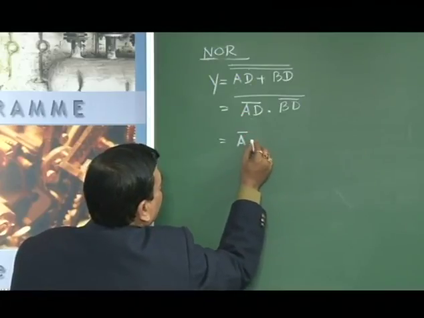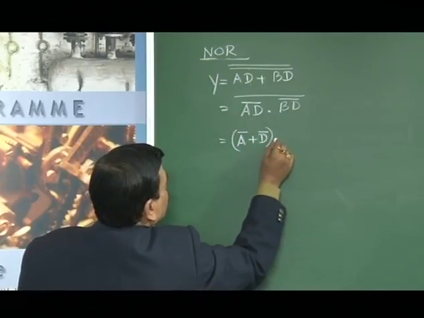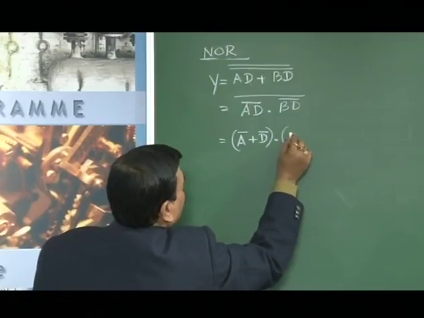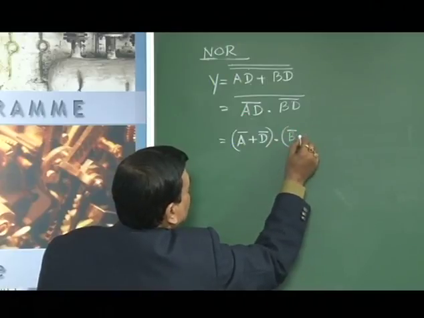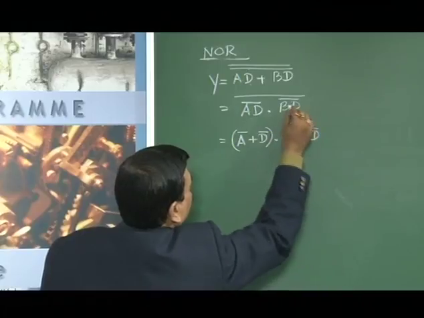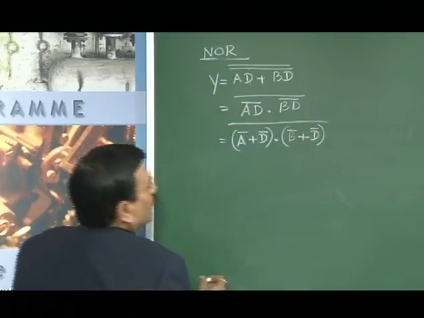Once again if we split this, then automatically we write A bar, or A complement, plus D complement. Next, this multiplication we keep as it is, and then this B complement plus D complement we split like this, and this complement will be there as usual.